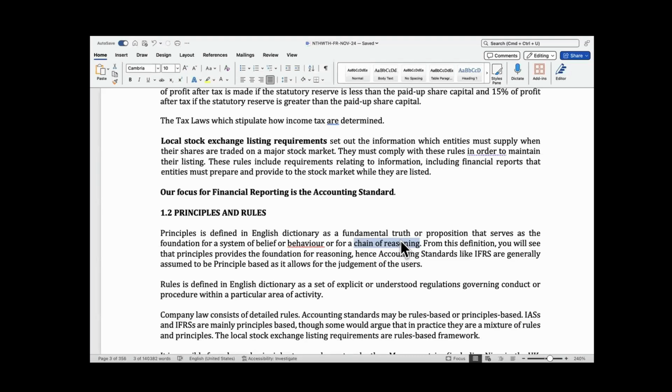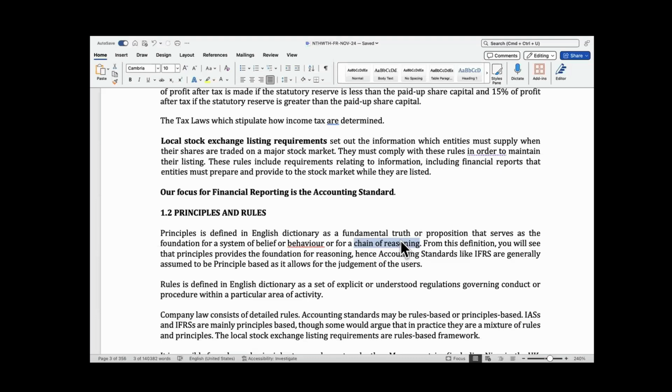That's a rule. A principle will give you a general guide on how you achieve your objective, not detail specific. So principles are different from rules. A principle allows you to think. A principle gives you a general foundation for reasoning.